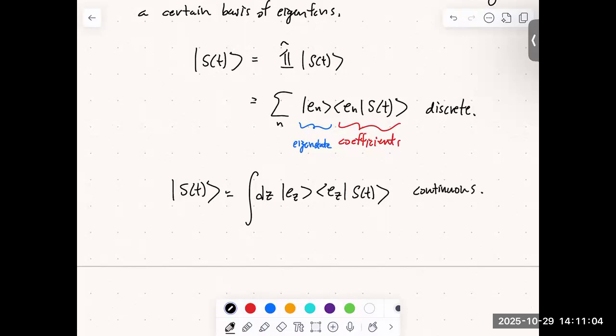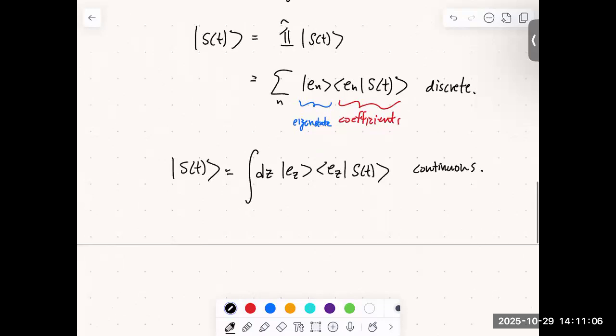Now these are just representations of our vector. And so what I could choose to do is say, I want to know how that vector is represented in position coordinates or momentum coordinates or something like that.